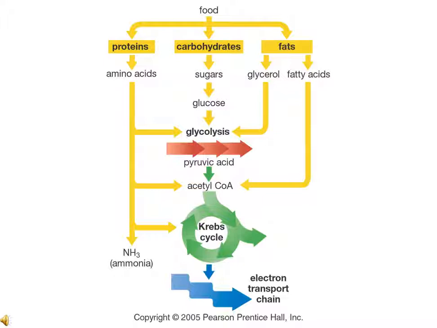And both of these products can find their way into the linear metabolic process and release their energy. Proteins can be broken down to amino acids, and the amino acids can be broken down into various intermediary products, which, as you can see, find their way into the linear metabolic pathway, all of them releasing energy. So no matter what type of foods we eat, all of them find their way through the process that we discussed so far.